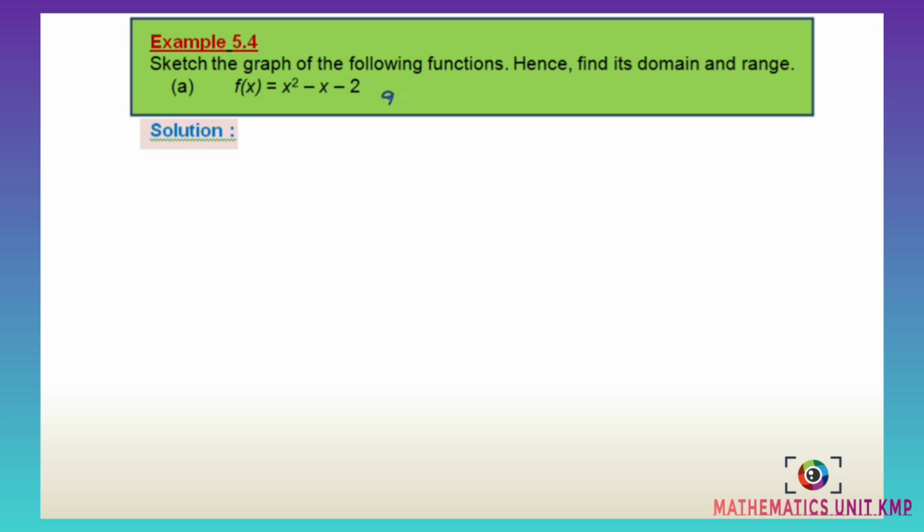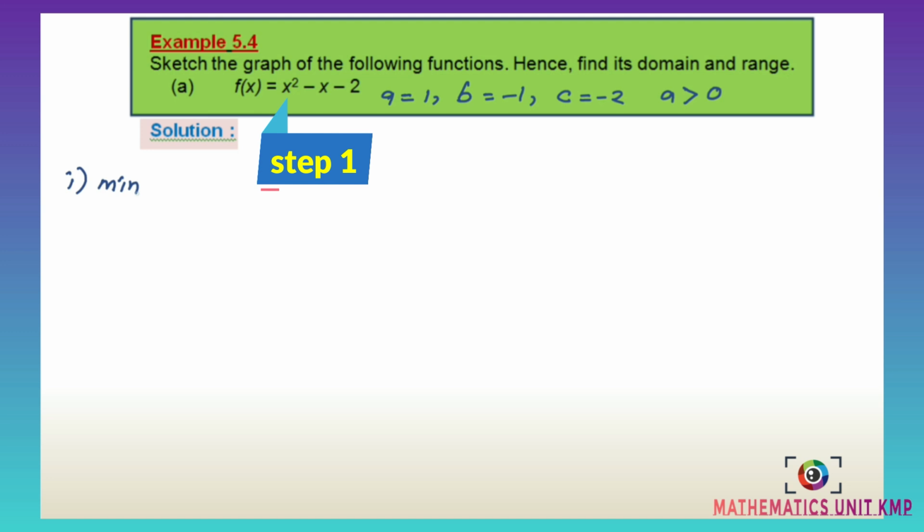Therefore, a equals 1, b equals negative 1 and c equals negative 2. The value of a is greater than 0, that means the function has a minimum. The first step to sketch the graph is to find the minimum point.